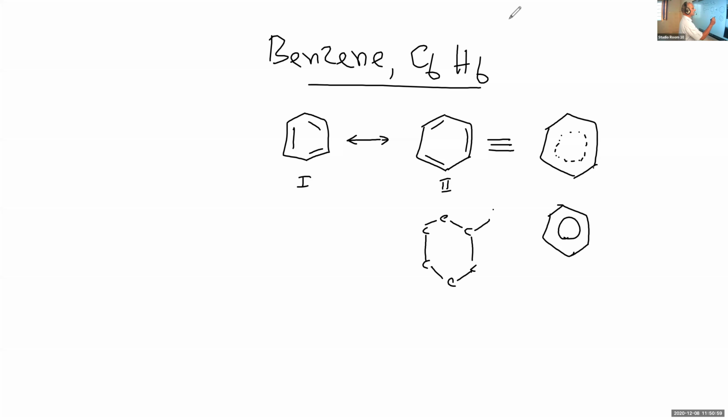What we have drawn is the bond line structure. See, it is like this, the actual structure. The complete structure is this. And we have drawn only the bond line structure. There will be 6 carbon atoms at the corners of the hexagon. And on each carbon atom, there will be 1 hydrogen atom.